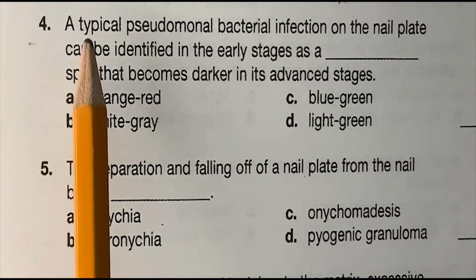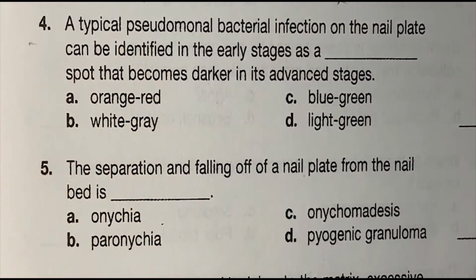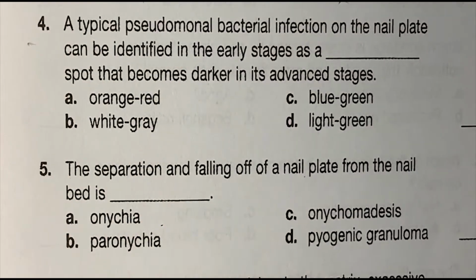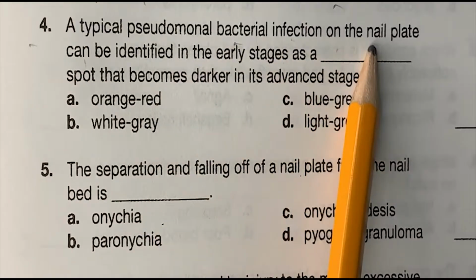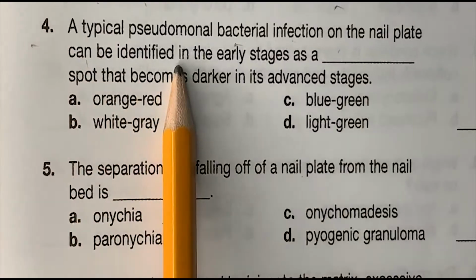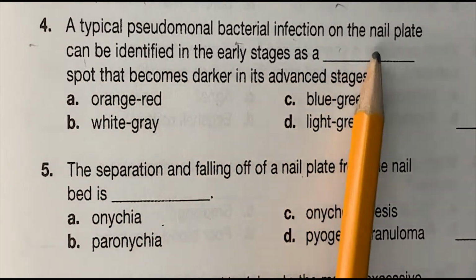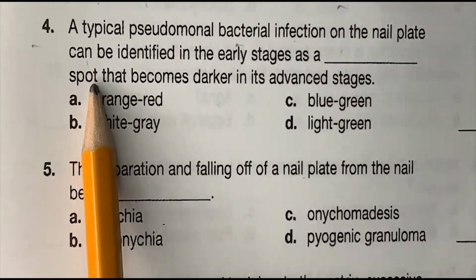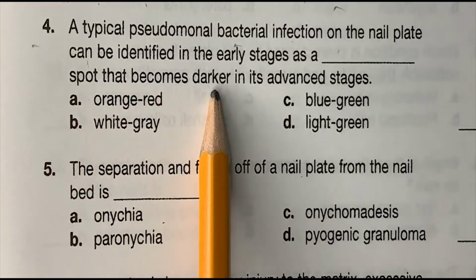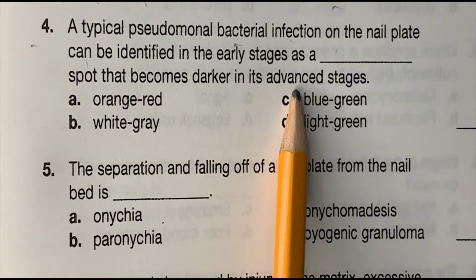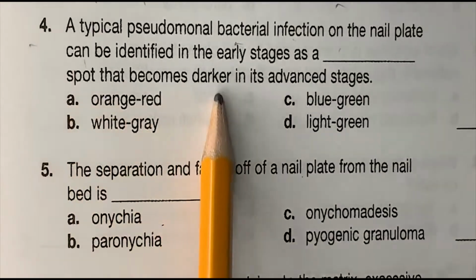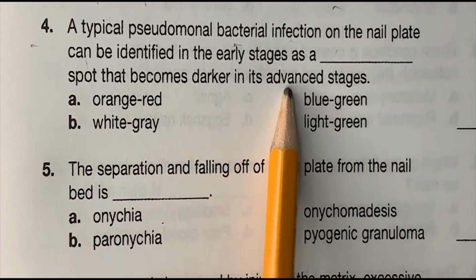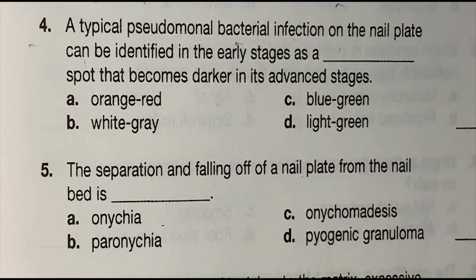Number 4, a typical pneumonia bacteria infection on the nail plate can be identified in the early stages as a blank spot that becomes darker in its advanced stages.